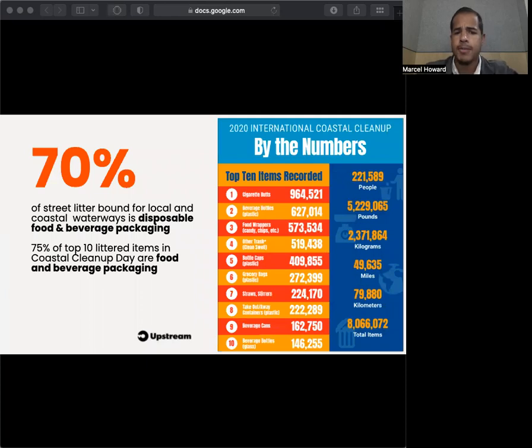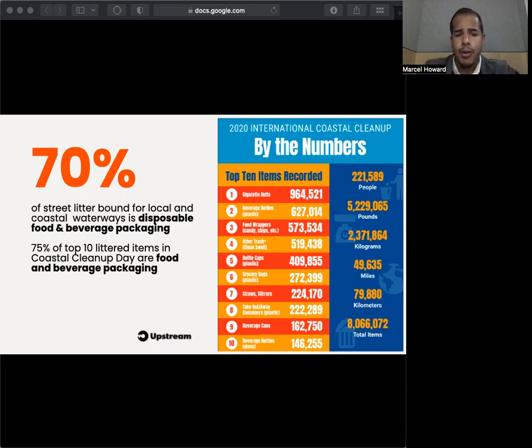So while single-use packaging is used for all kinds of consumer products, we focus on transitioning food and beverage packaging to reusables as the top priority for a variety of reasons. The first is that the data shows that food and beverage packaging escapes the waste management system and escapes into the environment more than any other product type.